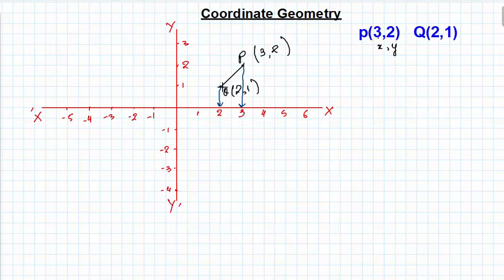It means the distance from the x-axis side of these 2 points is 1 unit. How? 3 minus 2 is equal to 1. This 3 and this 2. 3 minus 2 is equal to 1. It means 1 unit.